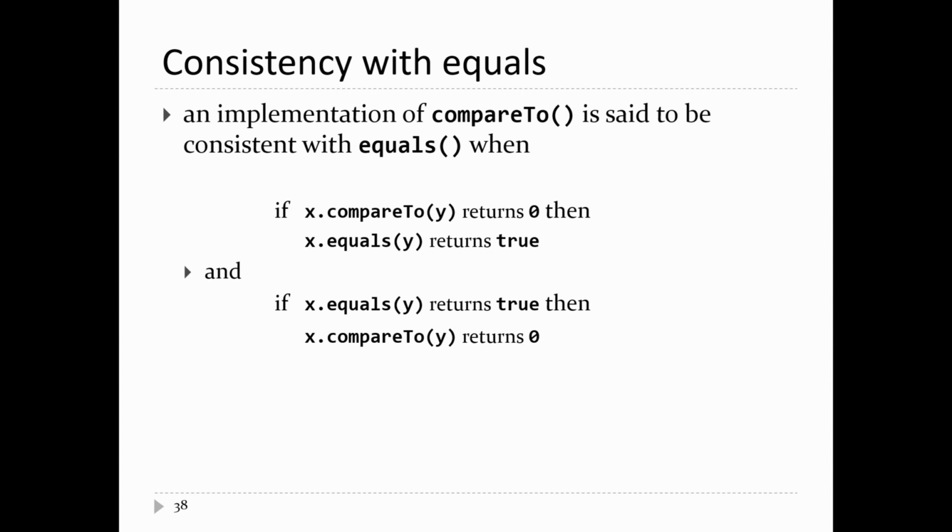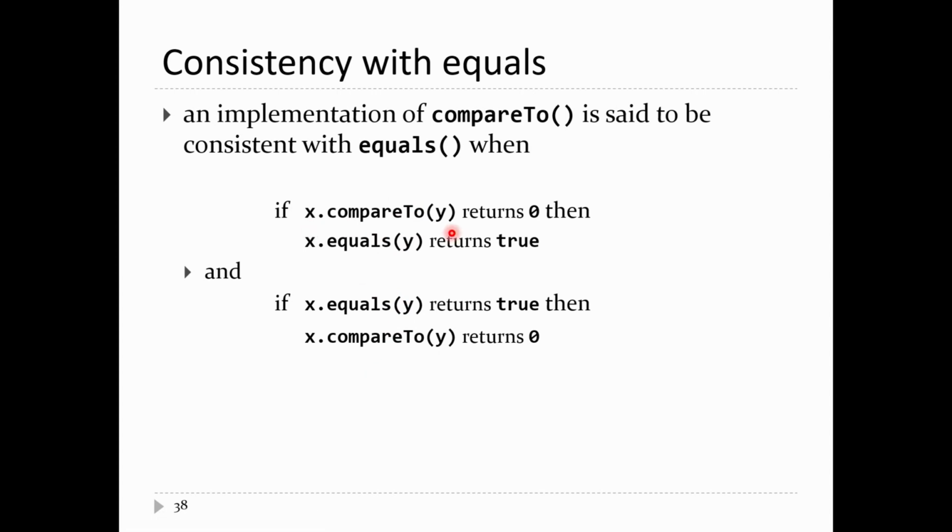So remember what compareTo returns. It returns 0 if the two objects are quote-unquote equal. That suggests that compareTo and equals are related to one another. We say that compareTo is consistent with equals when both of these conditions are true.